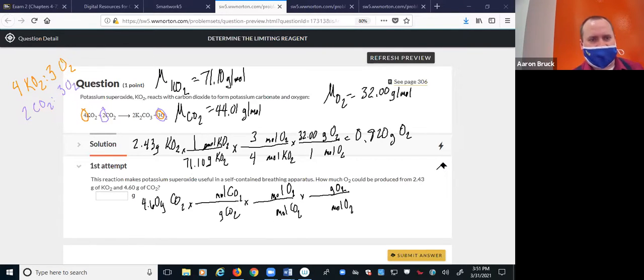I get the numbers that I need. 1 mole of carbon dioxide is 44.01 grams. My ratio, 3 to 2, 3 moles of oxygen for every 2 moles of carbon dioxide. Last step is exactly the same, 32 grams in every mole.